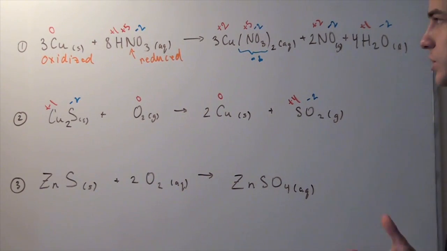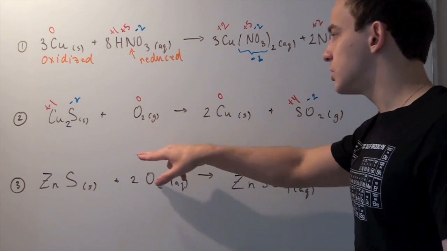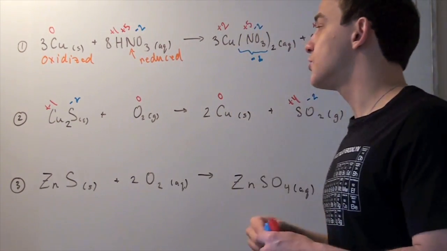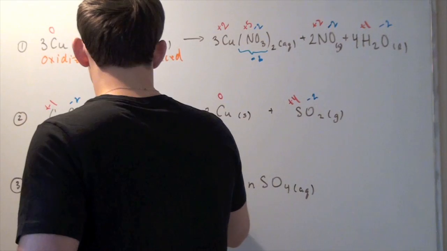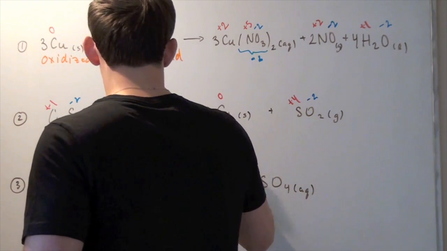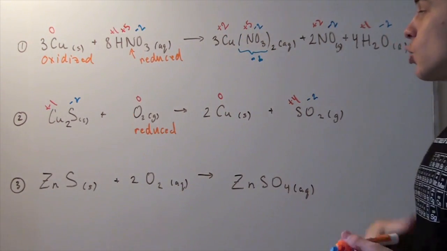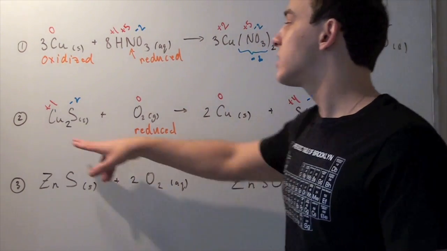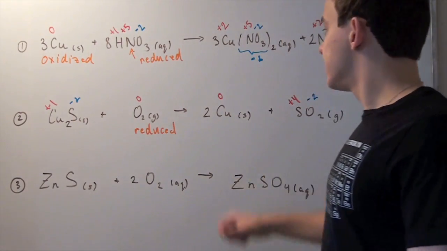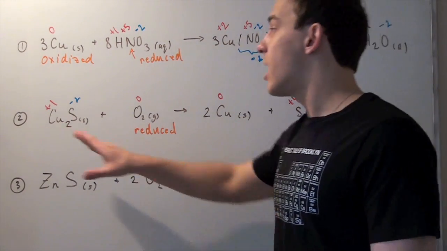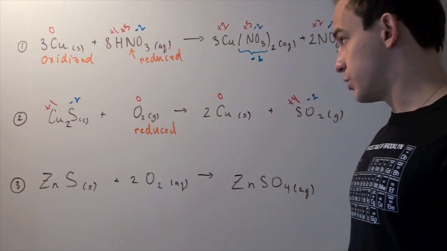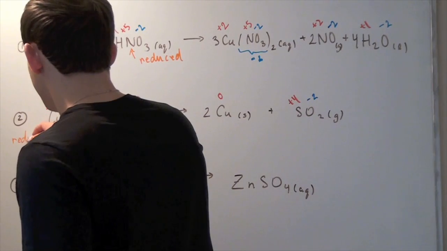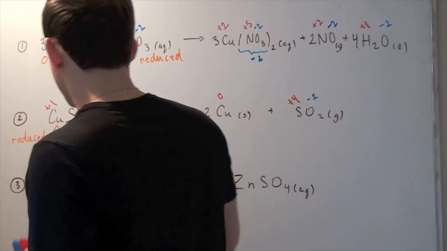So let's see what's reduced and what's oxidized. Our oxygen goes from 0 to -2, and that means this guy is reduced. So let's write this. Our oxygen is reduced. So what gets oxidized? If something is reduced, something must be oxidized. Our copper goes from a +1 to 0, and that means copper also gets reduced. So let's write reduced for our copper.